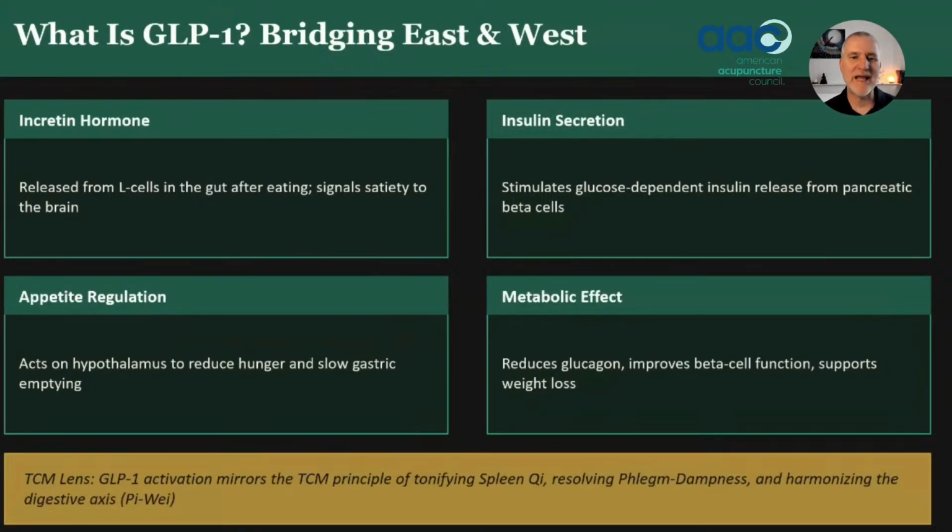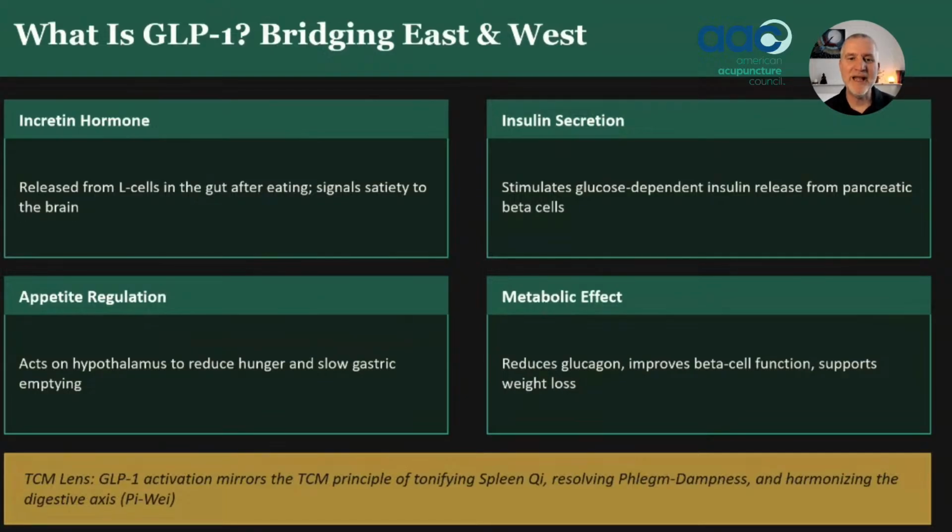It also affects appetite regulation by acting on the hypothalamus, reducing hunger and slowing down gastric emptying. And the last thing is that it has a metabolic effect, and it reduces glucagon, which improves the beta cell function and supports weight loss.